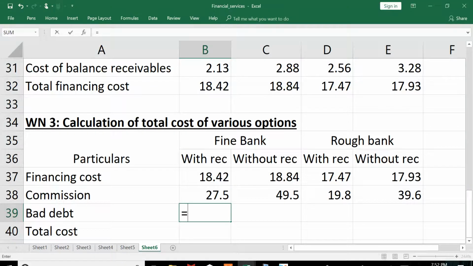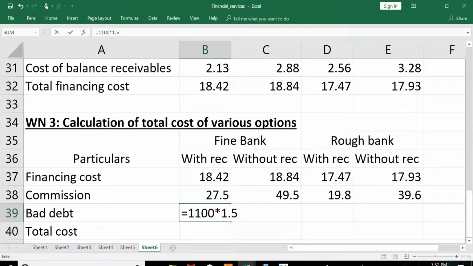Now listen, the institute has done 1000 into 1.5%, which is also not logical. I'll do 1100 into 1.5%. That's not going to match, I'm just telling you now itself. Yes, 1100 crores.